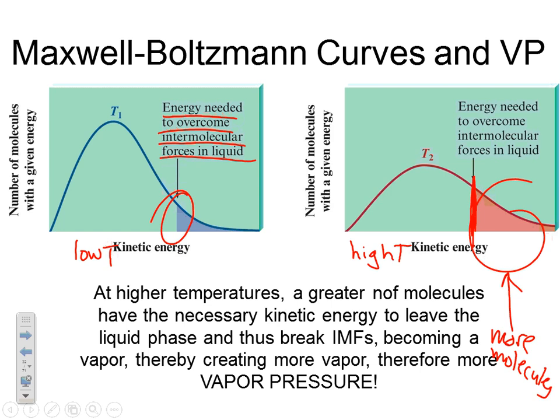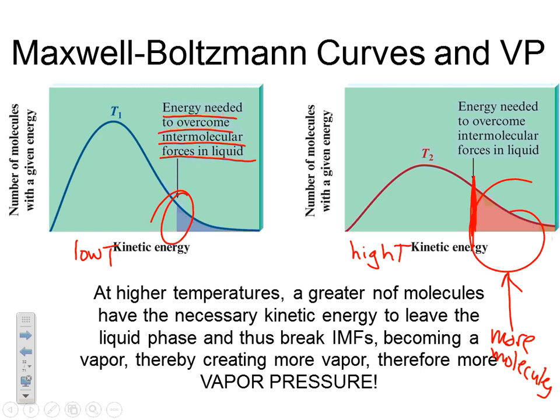So at higher temps, a greater number of molecules have the necessary energy to leave the liquid phase, break their intermolecular forces of attraction, become a vapor, and generate more vapor pressure.